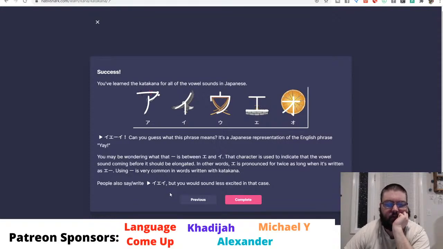That character is used to indicate that the vowel sound coming before it should be elongated. In other words, it is pronounced for twice as long when it is written with the dash. Using the dash is very common in words written in katakana. People also say or write the short version, yay, but it sounds less excited in that case.